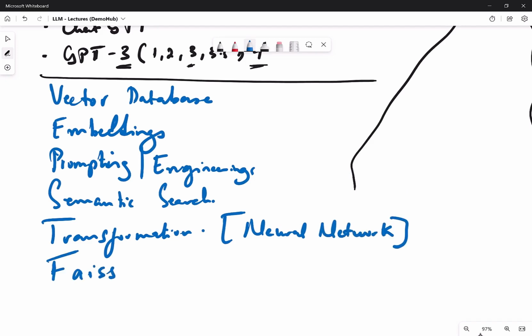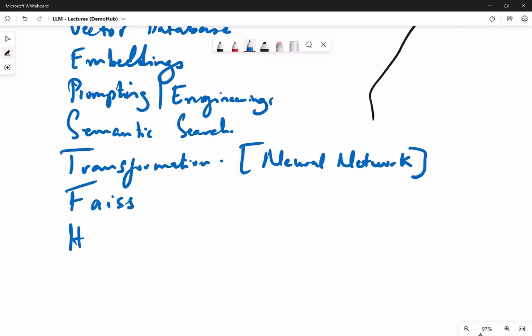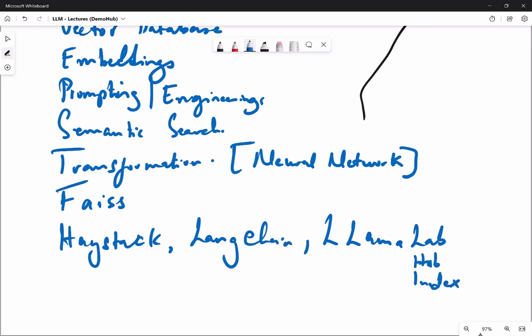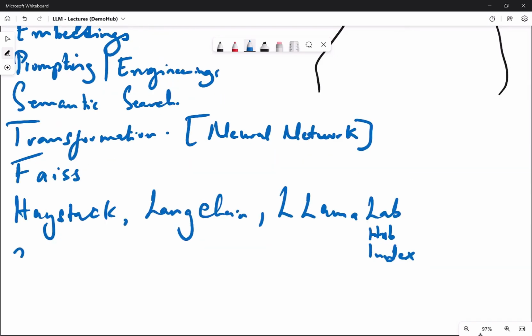Fast searching algorithm from Facebook, Haystack, LangChain, LLMOps or Llama Lab, Llama Index. What is that? How is it being used? Tiktoken, encoding, LLMOps, generative Q&A, prompt templates, agents, memory. There is GPT Index and more.